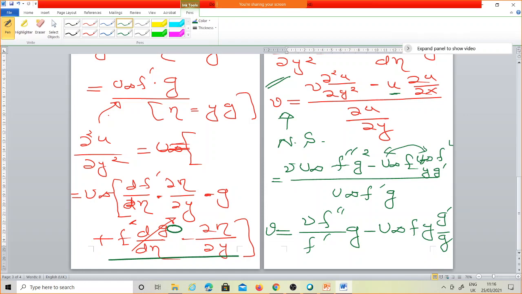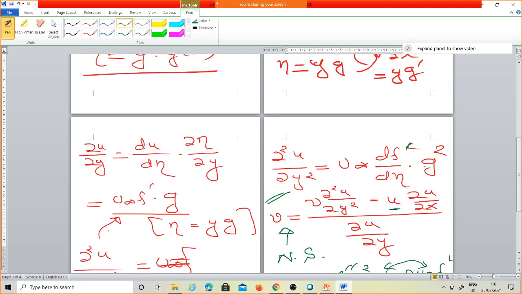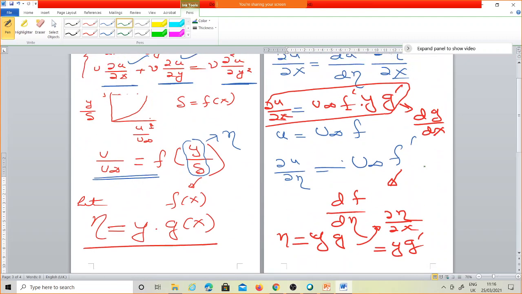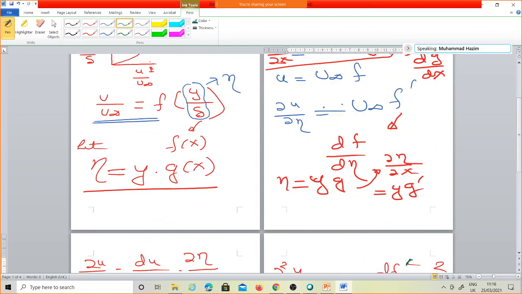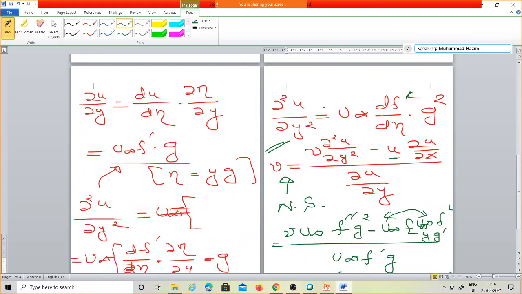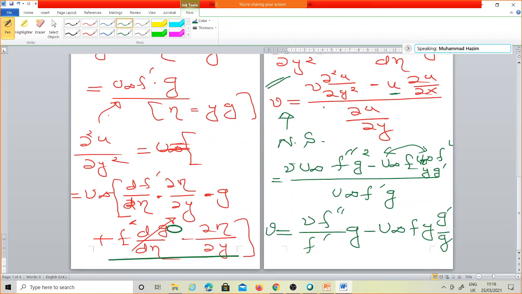And then this one is del u by del x. Just put the value, u infinity f prime y g prime. You can get this value from the top here. Del u by del x is u infinity f prime y g prime. Okay. Just put the values. Then you just simplify it, and then you will get the v.